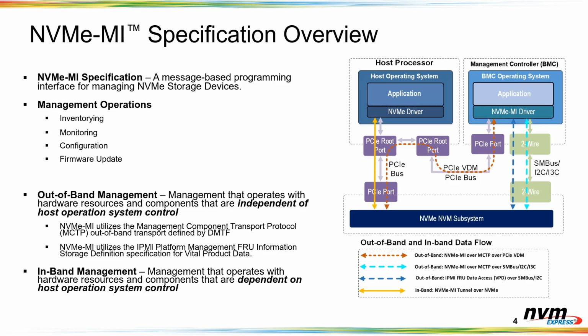A BMC can also read vital product data over I2C utilizing the data format and access method defined by the IPMI FRU spec as shown in the dark blue line on the right of the diagram. And finally, NVMe-MI also supports the ability to tunnel management commands in band from the host operating system running on the host CPUs, as shown by the gold line on the left of the diagram.